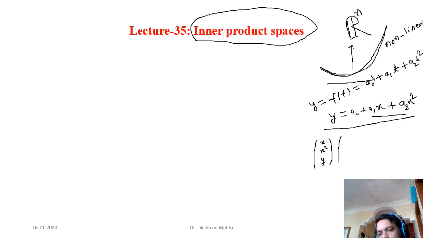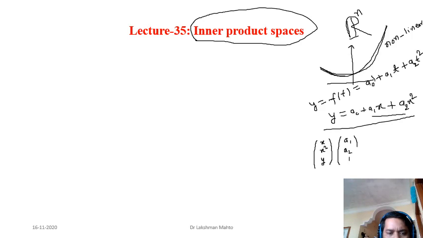Now try to look from this perspective. What is the coefficient of x? It is a1. The coefficient of x square is a2. And what is the coefficient of y? You have taken y to that side, so no worry. Whether you bring it to this side, it won't affect, minus 1 or 1, whatever you want to take.